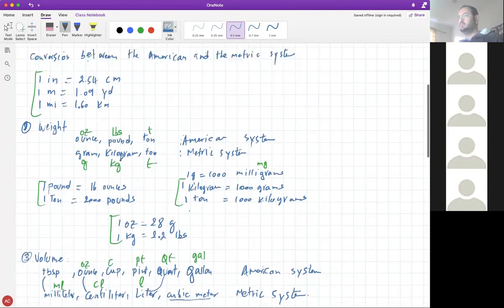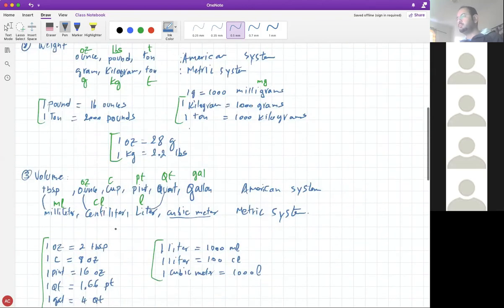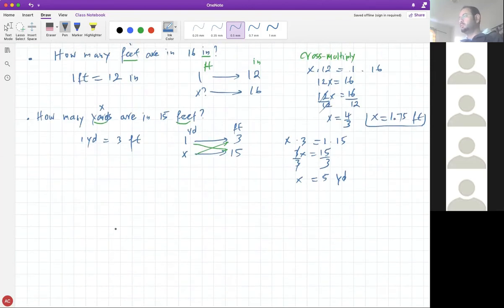For example, we convert within these. You can actually cross convert between two different measurement systems using, again, the relationships between them. For example, we're talking about inches, centimeters, yards, and so on. So let's do some of those.